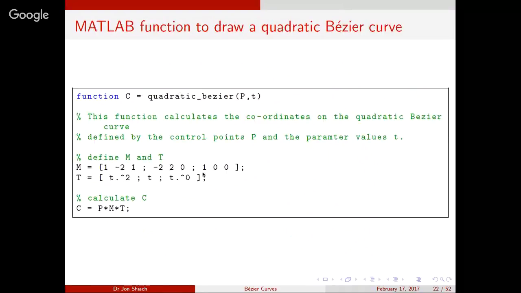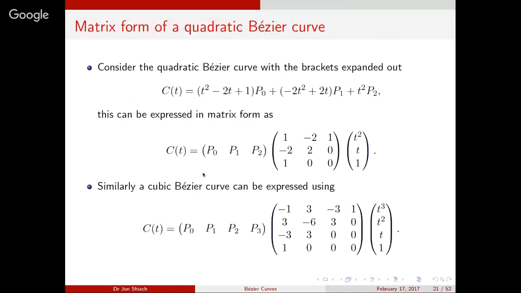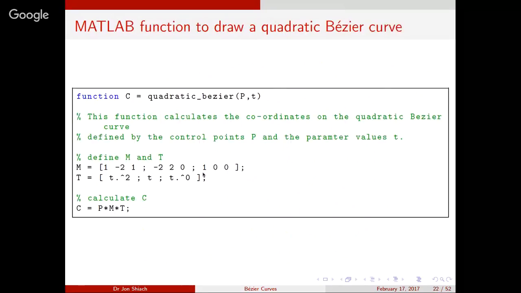This is something I'm going to ask you to do for assignment 9. I've actually given you the code here. This is a little function, given your control points P and values of your parameter T. Now, this T would be a vector of values.